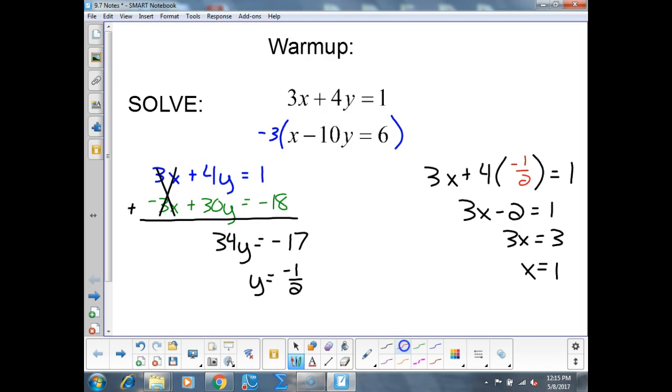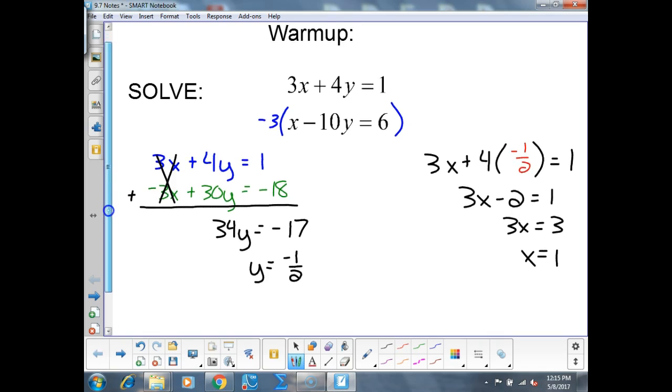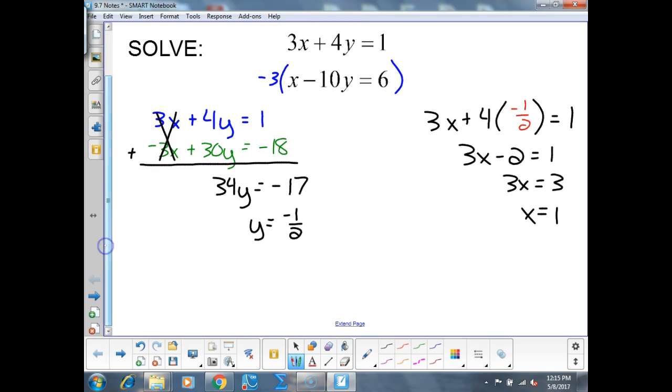Am I done now? No. What do you got to start? Put it in point form, okay, because we found an intersecting point, or an intersection point. Am I done now?